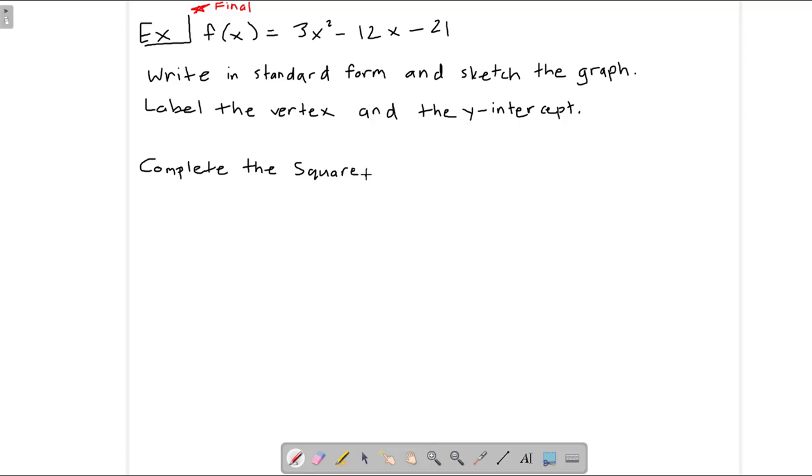And so when I do completing the square, I like to rewrite it using a y instead of that f of x, just because it's nicer to do algebra on y. Minus 21, okay. So then the first thing that I want to do is take this minus 21 to the other side. And to do that, I have to add 21 to both sides of my equation.